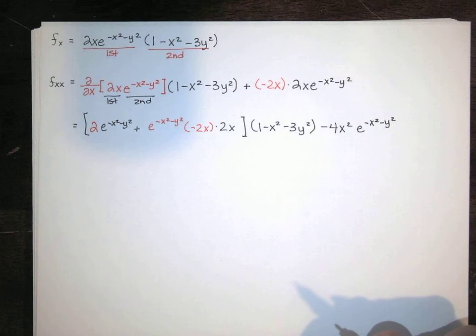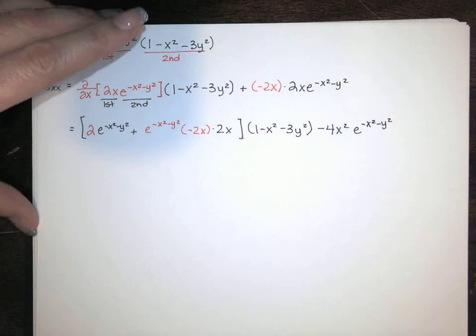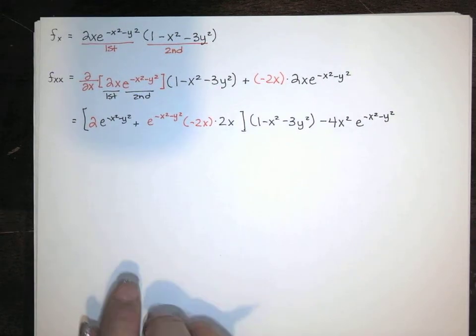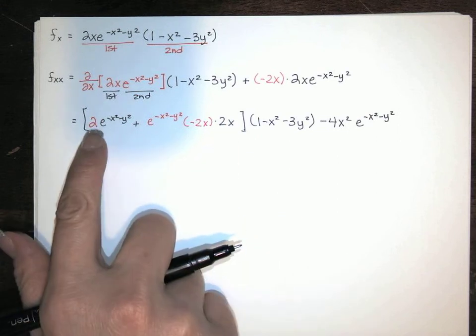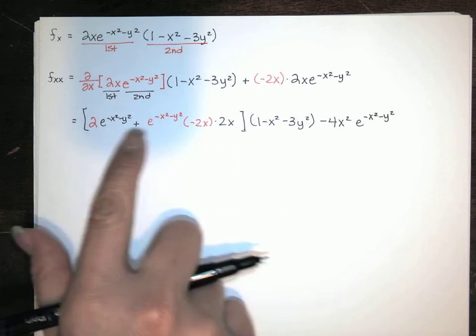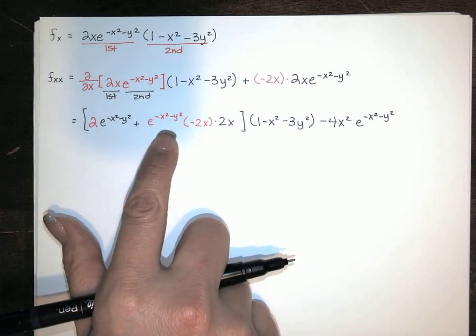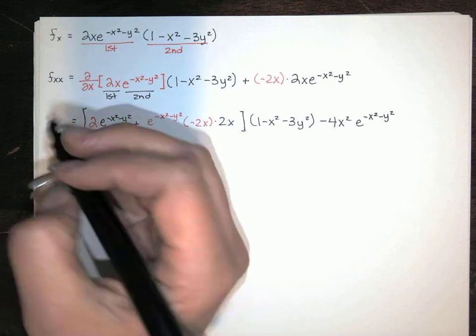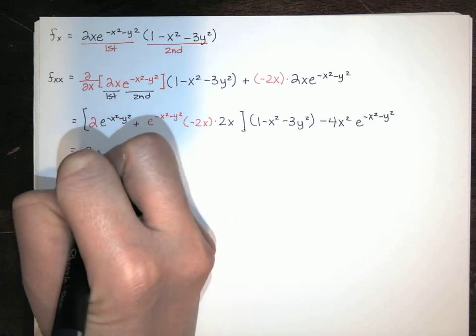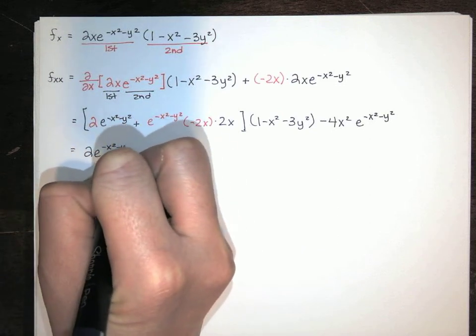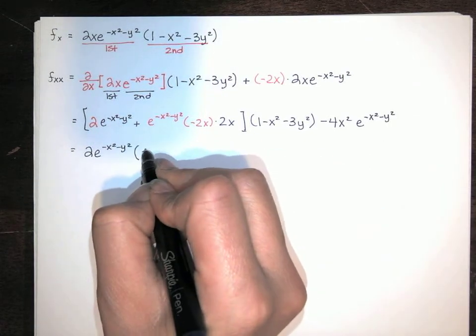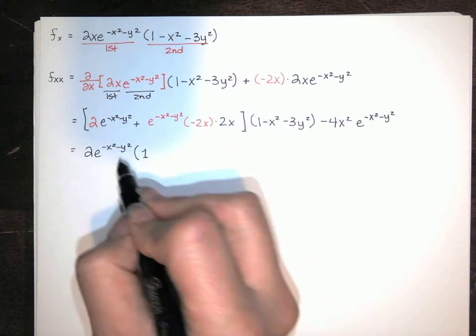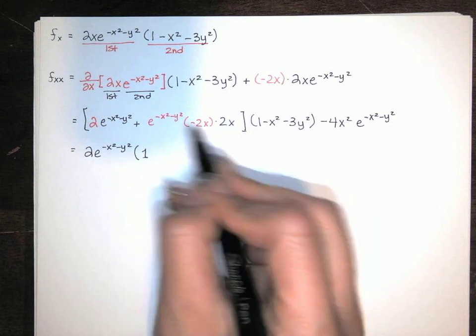Now we could factor this further, and I think we have time. Let's factor it further. Inside these parentheses, I see these two factors have an exponential in common. They also have a 2 in common, so I'll factor out the 2e to the negative x squared minus y squared, and then I'm left with this times 1 gives me my first term, and this times what gives me my second.